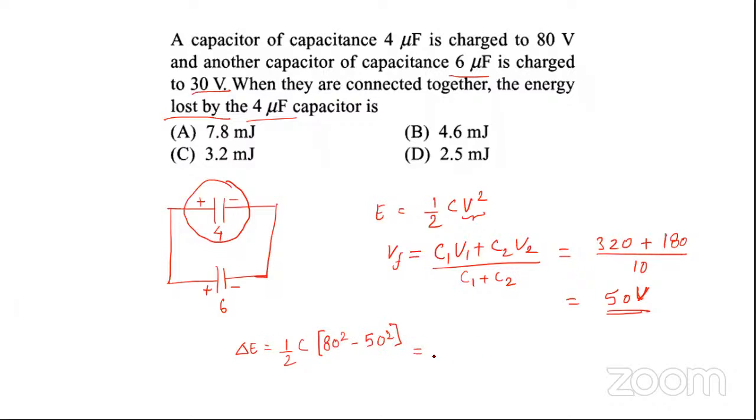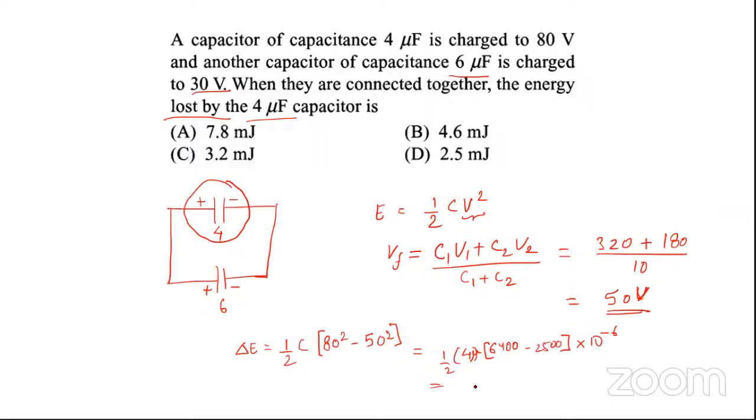Right, C is 4. So half into 4 into 6400 minus 2500, and we have 4 micro over here, so that is just 10 to the power minus 6.